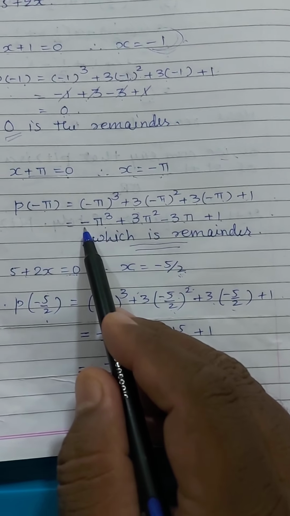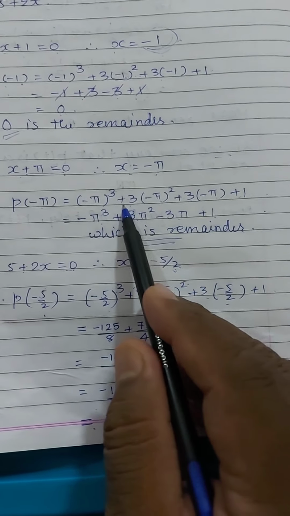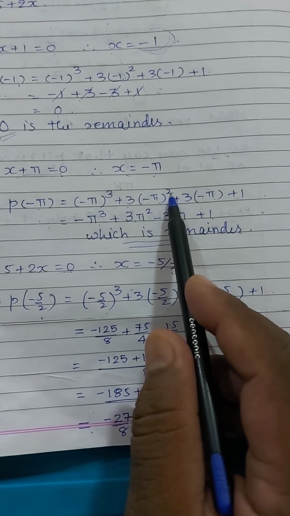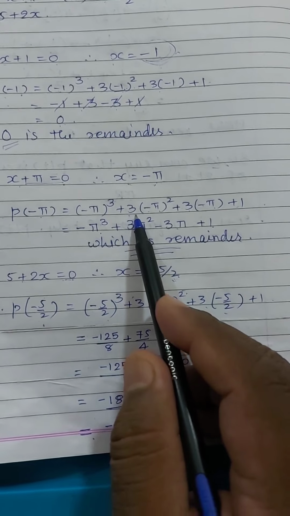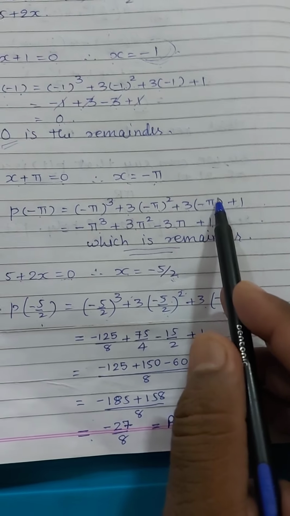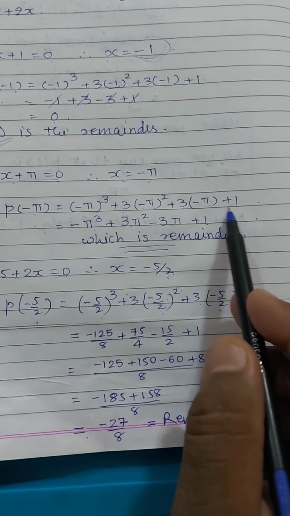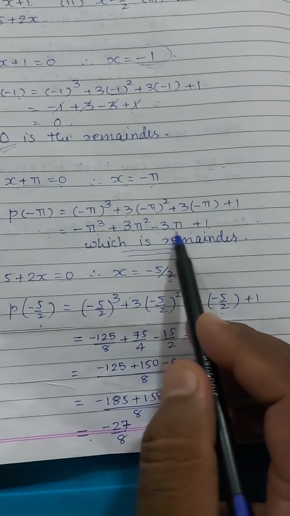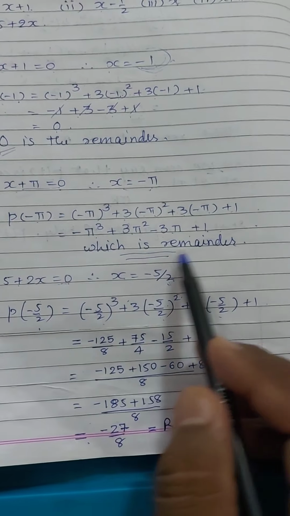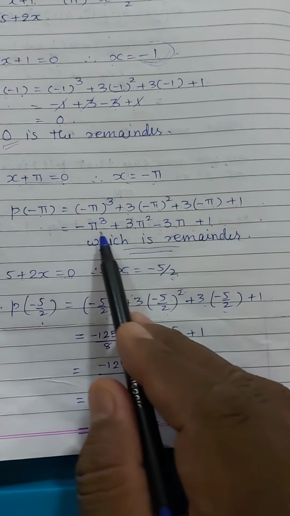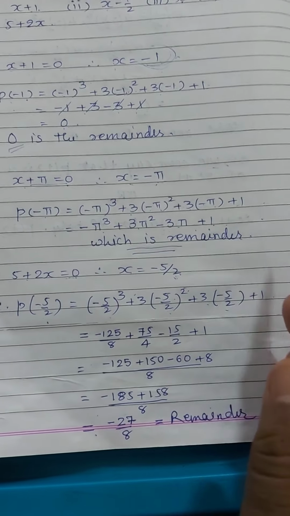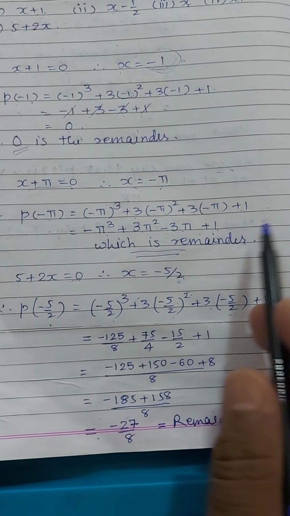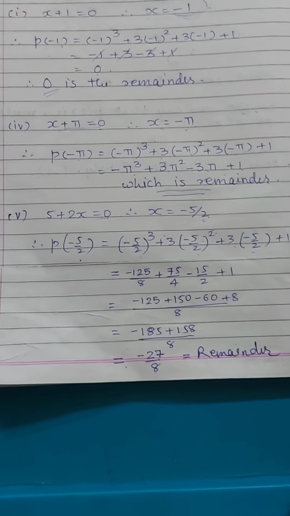This minus sign remains as it is, minus pi cube, plus this minus sign vanishes because an even power is there, so 3 into pi square, minus 3 pi plus 1, right? Now it cannot be further solved, so this is the remainder, right? Whatever is obtained when it is not solved further is called the remainder.